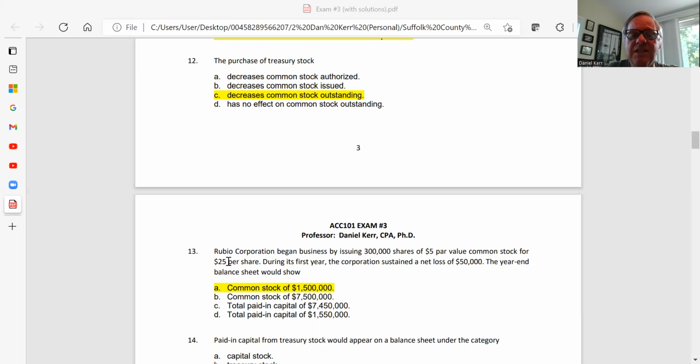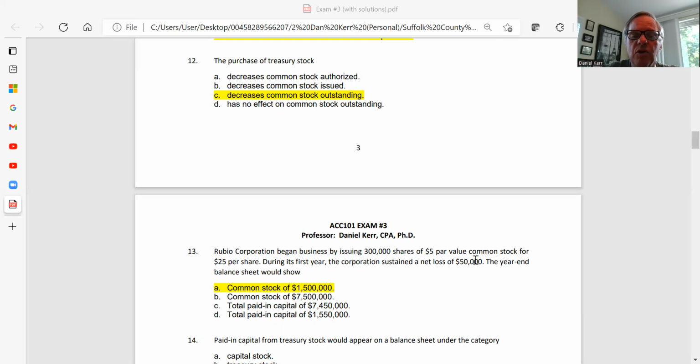So they're going to get $7,500,000 of cash. Thinking of the full transaction, it would be a debit to cash of $7,500,000. The credit to common stock would be 300,000 times $5 a share, which would be $1,500,000. And the difference between them would be additional paid-in capital.